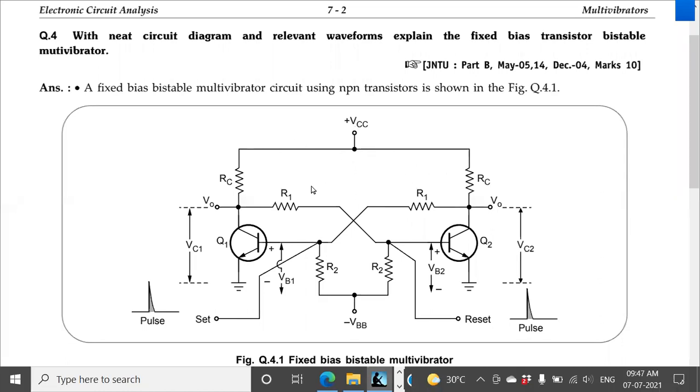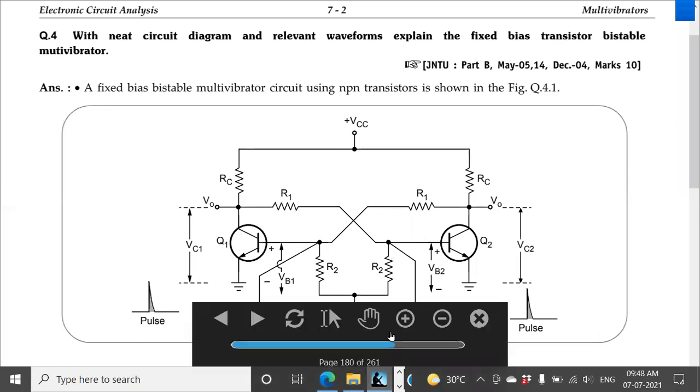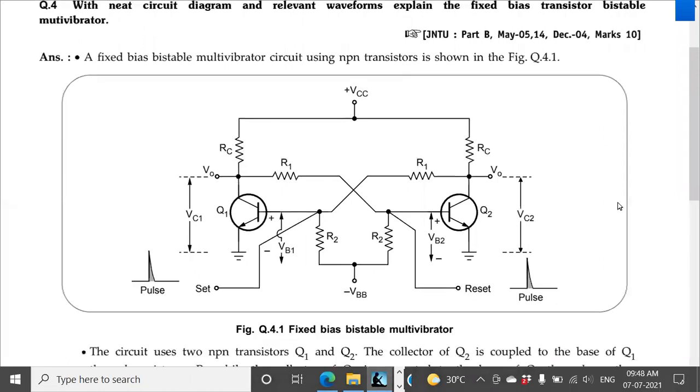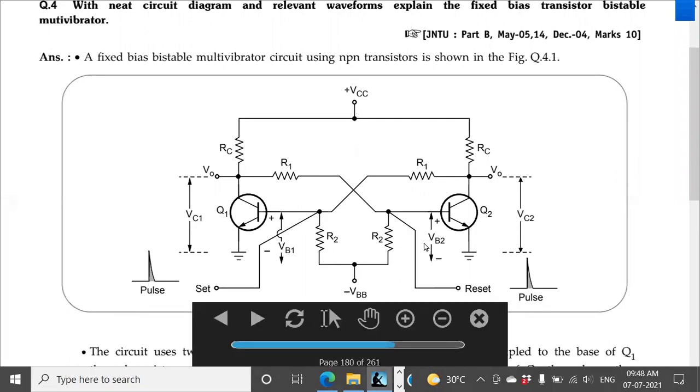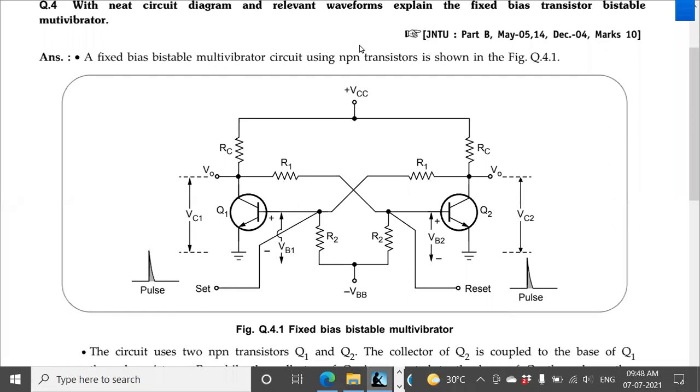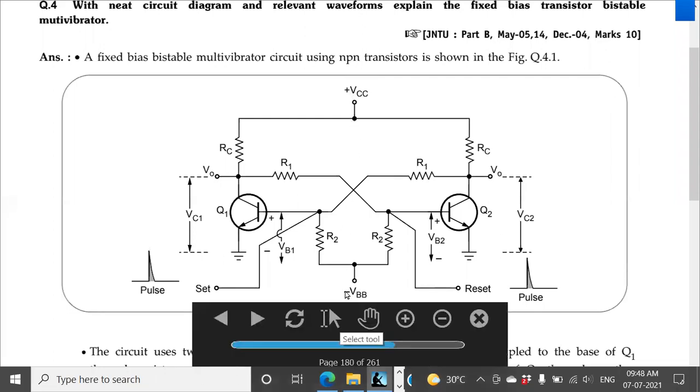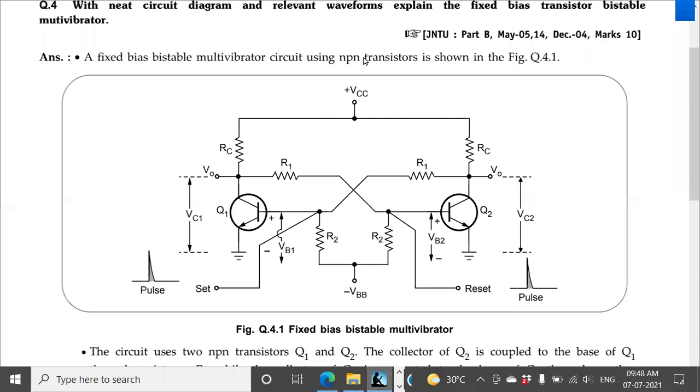RC, RC, R1, R1, transistor, transistor, R2, R2, and then we have minus VBB at the common, plus VCC at the common. Then we have set and reset. So this is a symmetrical structure, right? If we draw a vertical line here, or cut this, then one half is the mirror image of the other.